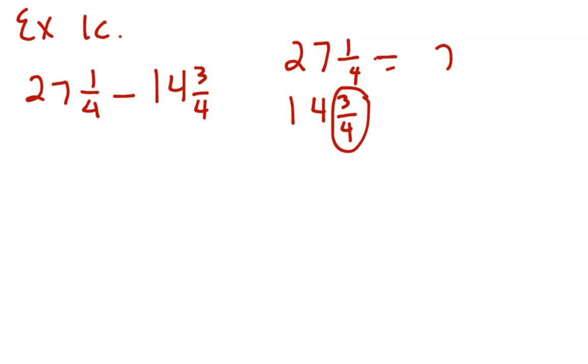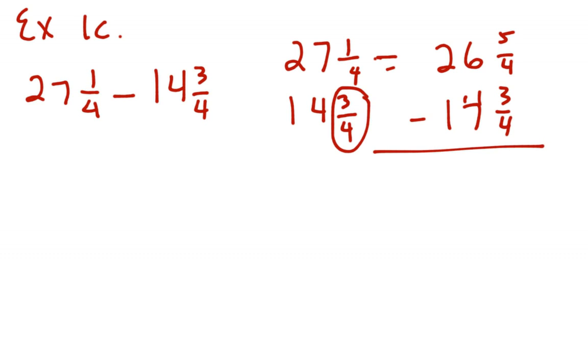So I'm going to rewrite this as 26, and I'm going to borrow a whole, which is 4/4, and add it to my 1/4. That's 5/4. Now I'm subtracting 14 and 3/4. So I can subtract 14 from 26 and get 12.